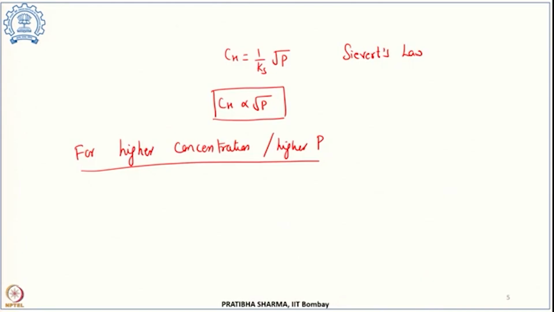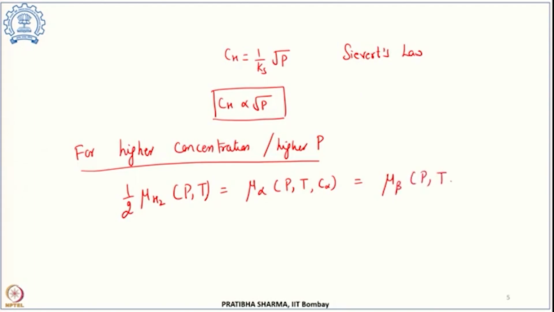So the thermodynamic equilibrium suggests that the chemical potential of the hydrogen in the gaseous form is equal to the chemical potential of the alpha phase, which is a function of pressure, temperature and the composition in the alpha phase, and that is also equal to the chemical potential of the beta phase.